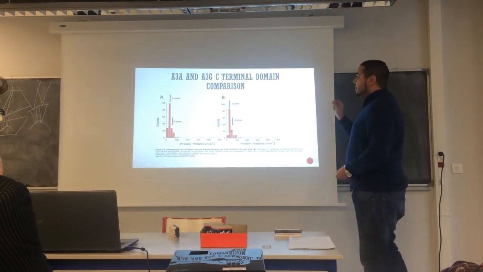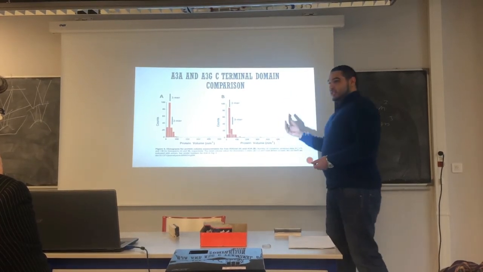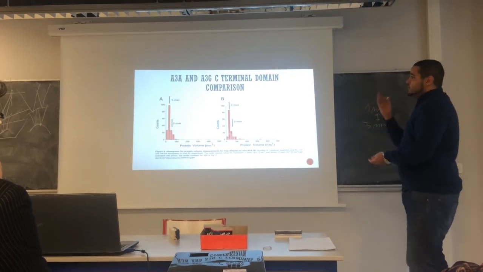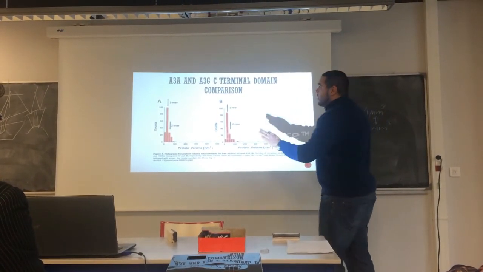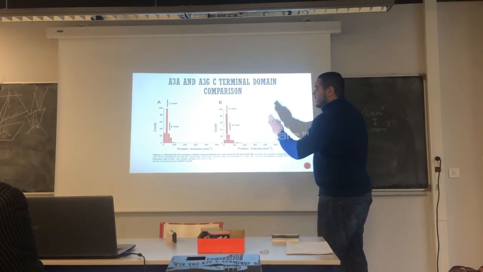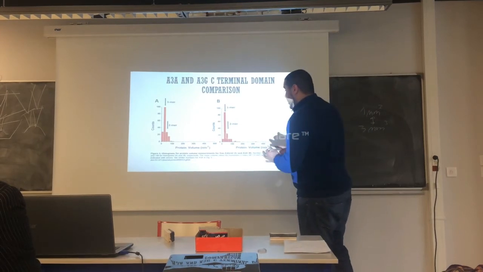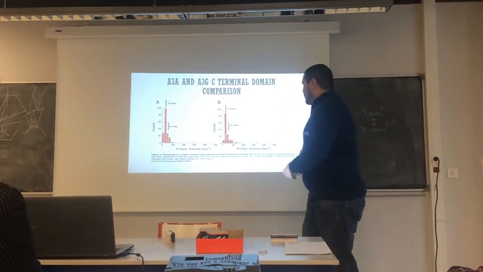So what they did is they expressed an A3G C-terminal domain, and then they did the same experiments, AFM imaging and then the histograms, and this is what they found. Both A3A and A3G like to exist in a monomeric state when they are by themselves, which we'll talk about later in the conclusions.